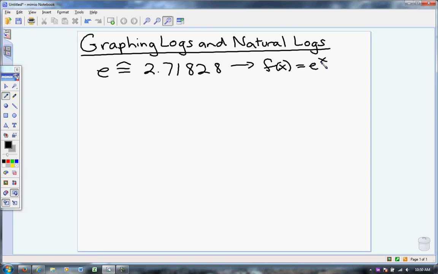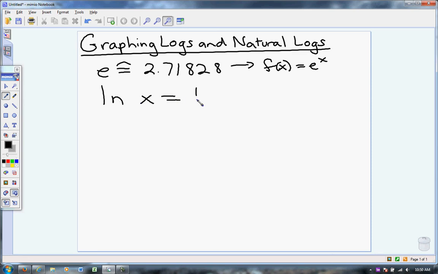Well, the reason why that's important, you remember that we've said that the inverse of an exponential function is a logarithmic function. Well, if you see this, ln of x, and that button is on your calculator, that is actually what's considered the natural log, all right?